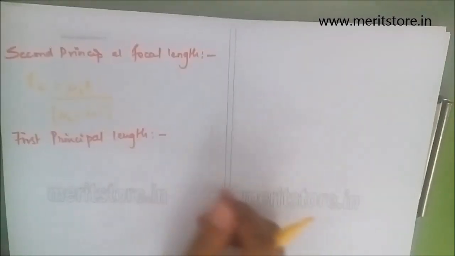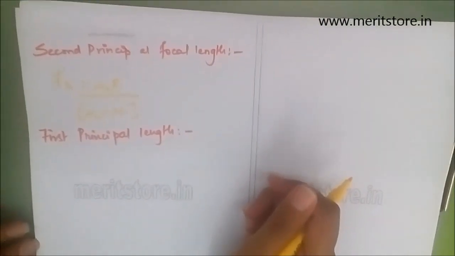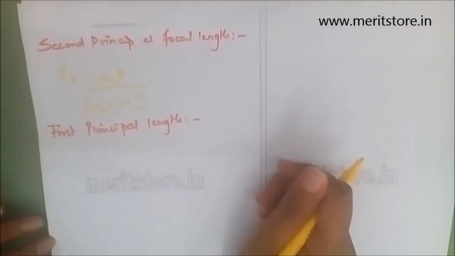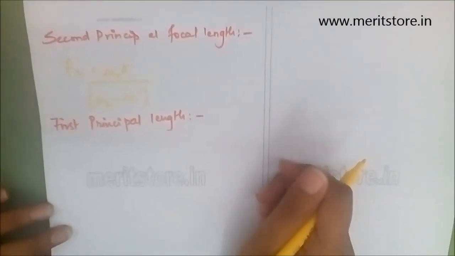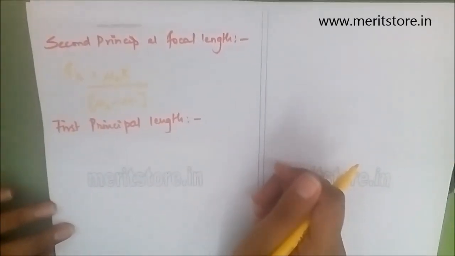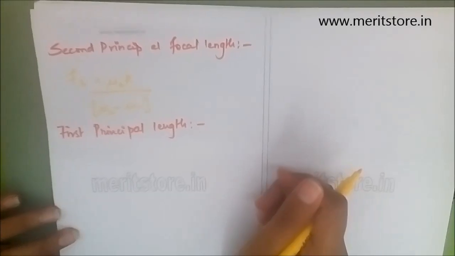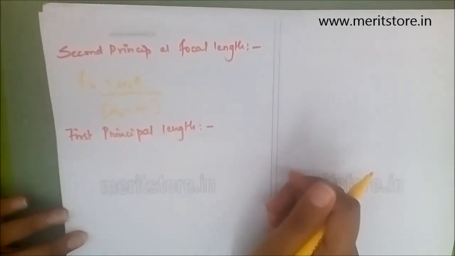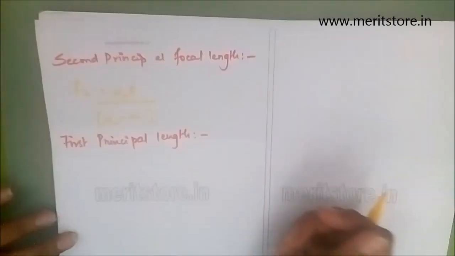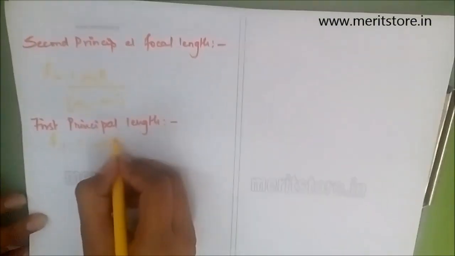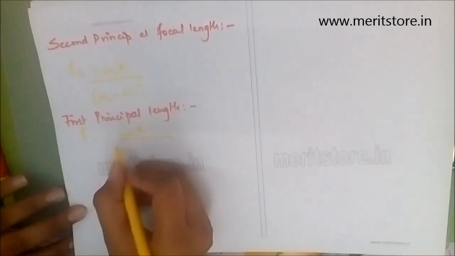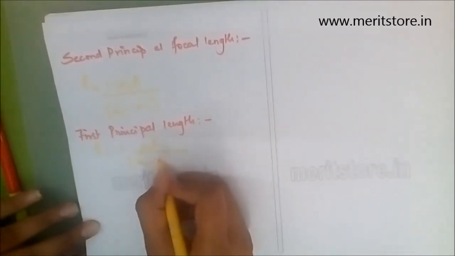The first principal focal length of a surface is the distance of that point from the pole of the surface from where, if a beam diverges or to which a beam converges, the rays after refraction through the surface become parallel to the principal axis. It is given as F1 is equal to minus mu1 R divided by mu2 minus mu1.